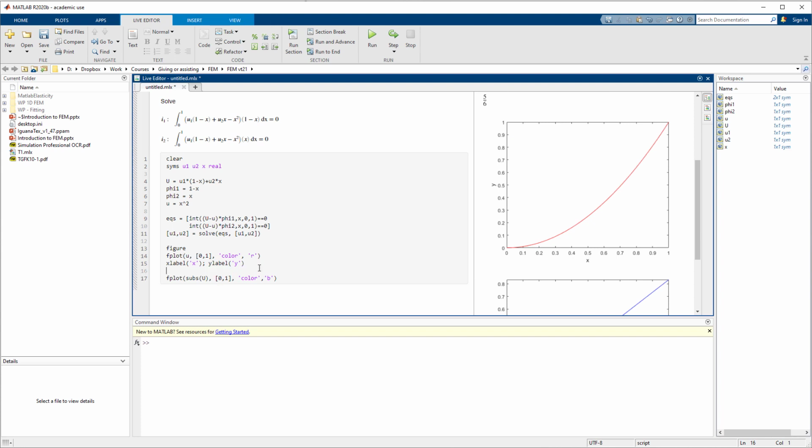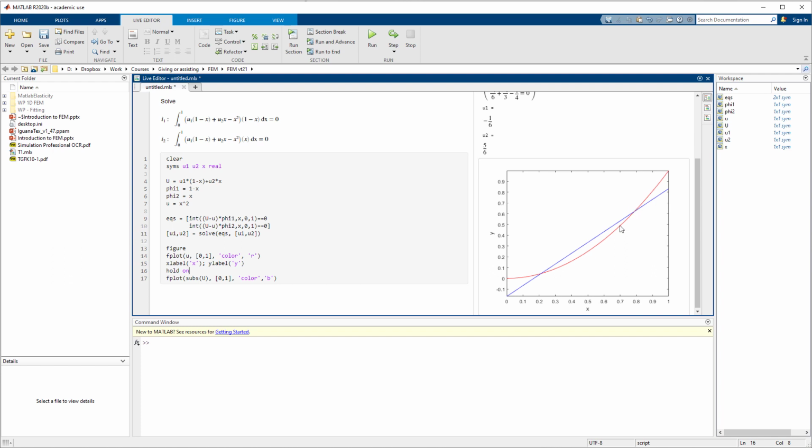So in order for it to do that, I do hold on. It's going to hold whatever graphics is in the first one and then plot above that. And now again, to know which one is which, I can do legend, and I can just say that the first one is u of x, and the second one is capital U of x.